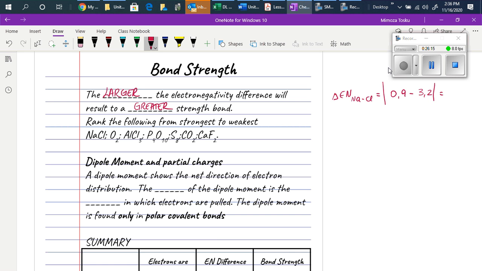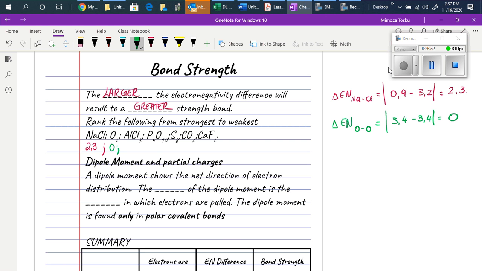Even though this is negative, the absolute value gives us a positive value, so for sodium chloride it is 2.3. Next is oxygen. The electronegativity difference between the two oxygens is 0, because 3.4 minus 3.4 is equal to 0.